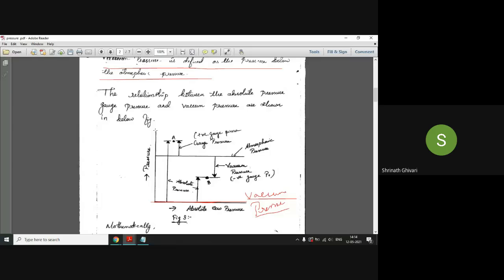If you are going for any competitive exam, this is a most important question. Now listen, this is the atmospheric pressure line. Below this atmospheric pressure line, everything is vacuum pressure. What is the atmospheric pressure, how much is it? Can anyone tell me?